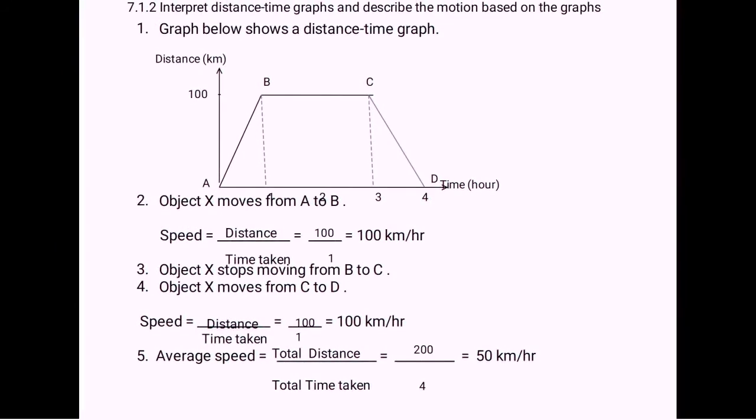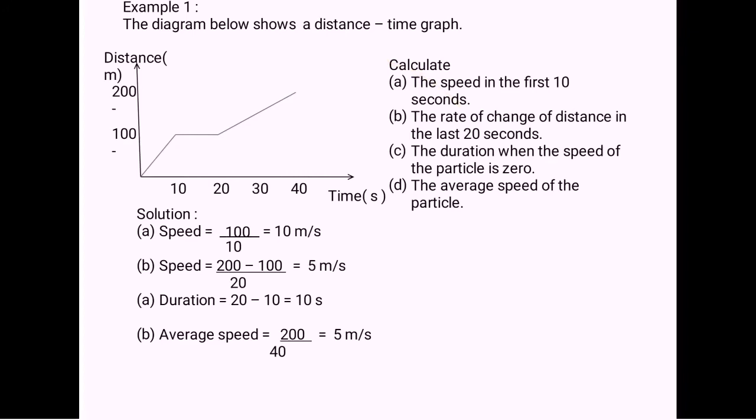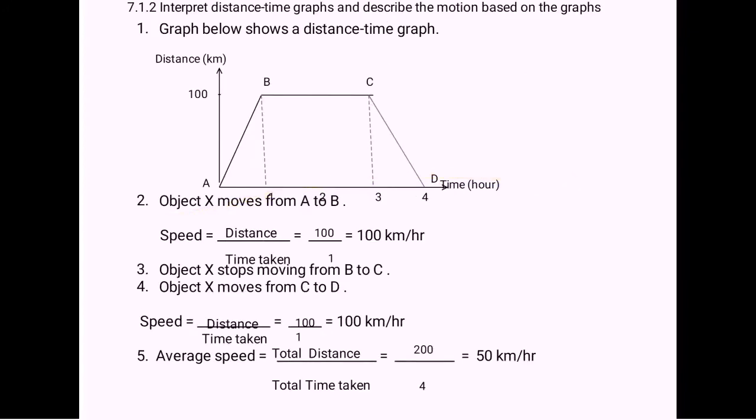7.1.2. Interpret a distance time graph and describe the motion based on the graph. So you are given a graph here. From A to B, this line shows that the object is moving.